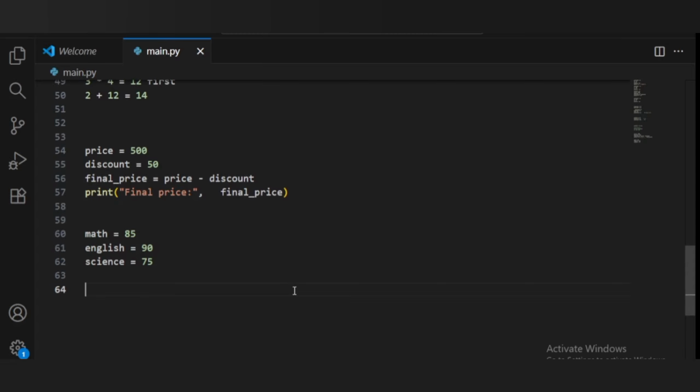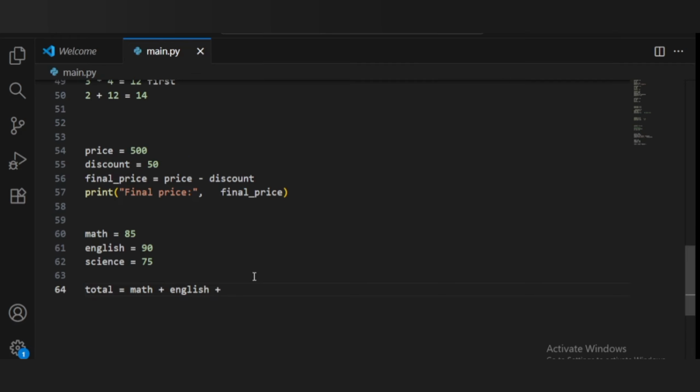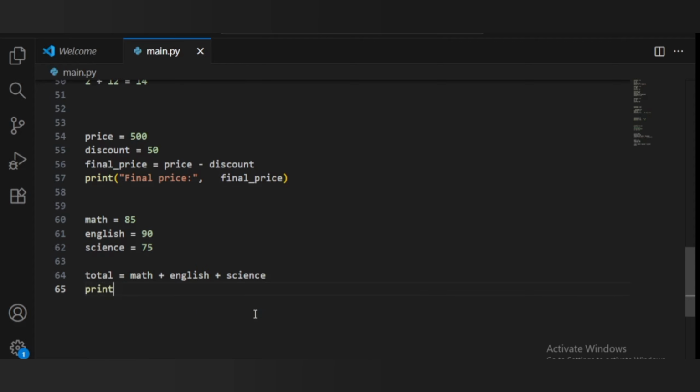Total is equal to math plus English plus science, and print total marks total. So this is the second example.